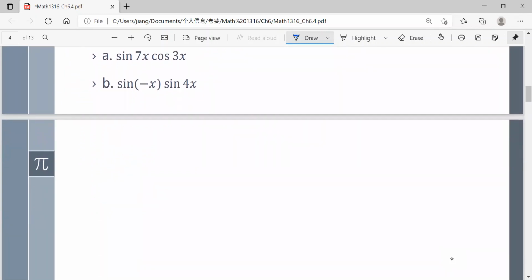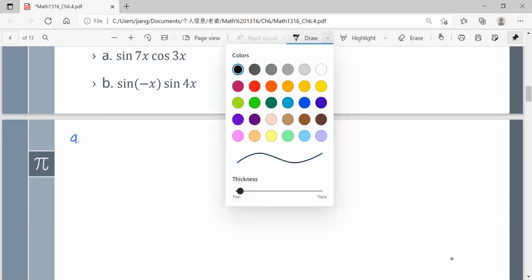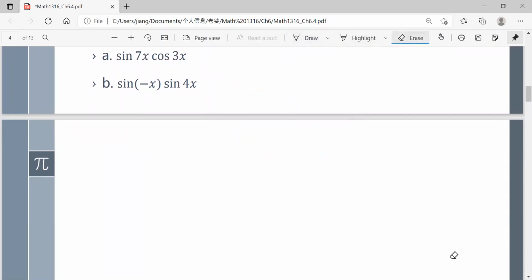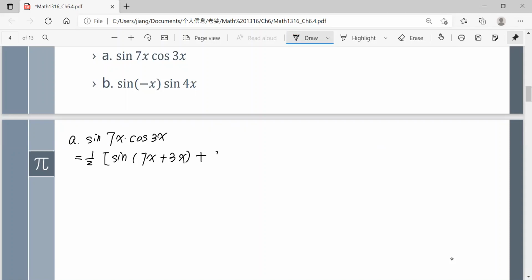Number A is sine 7x times cosine 3x. This equals 1/2 times sine 7x plus 3x, and then plus sine 7x minus 3x.